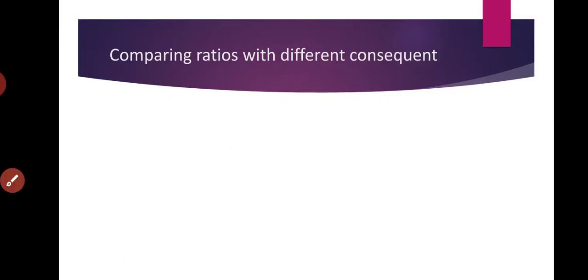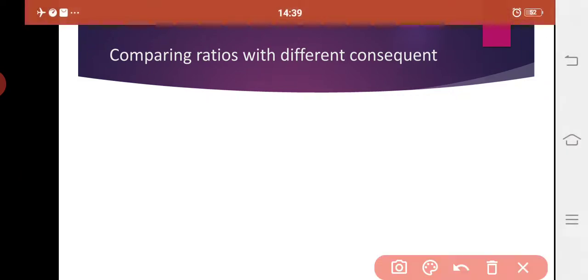Is that clear? Now in comparing ratios with different consequents, if our ratio is having different consequents, like the first one is 6 ratio 3 and the other one is 2 ratio 4.